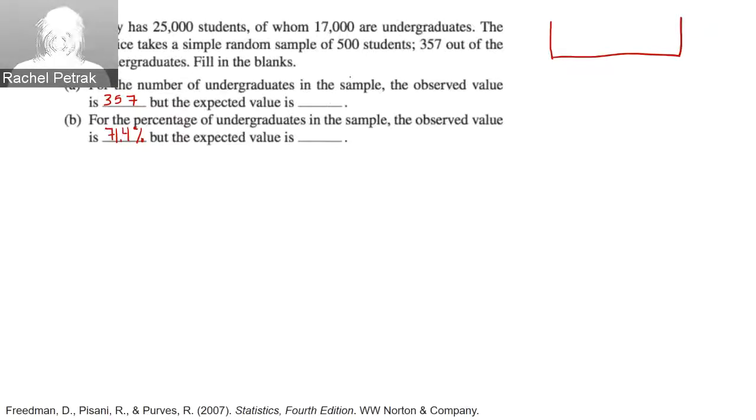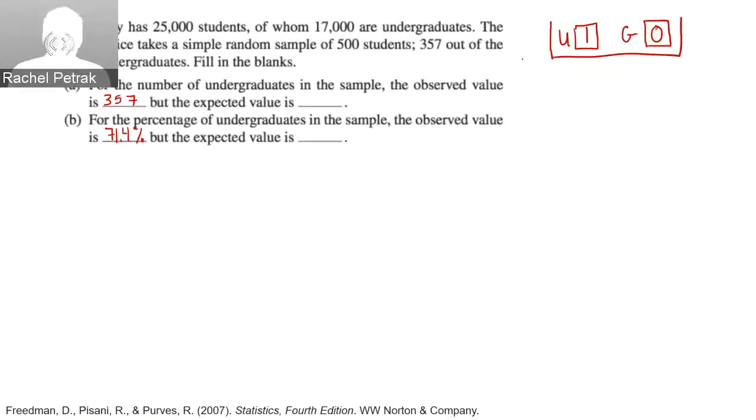But if we want to get our expected values, we need to make a box model here. And we'll assume that we've got a 0, 1 box where ones are undergraduates and the zeros are not undergraduates. Let's assume they're graduate students, although there are other categories, but let's just go with this.